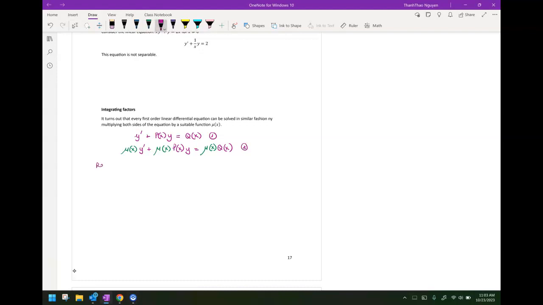So recall the product rule of differentiation.